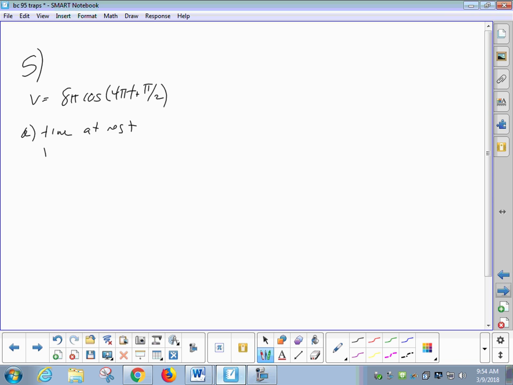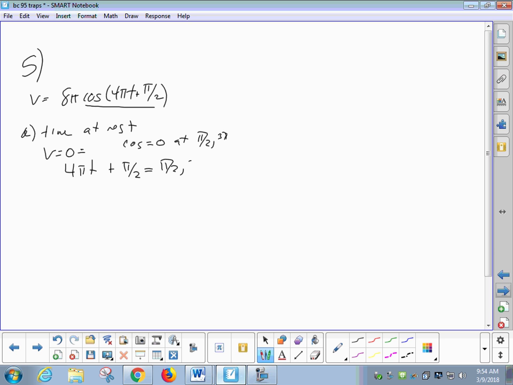Wouldn't you agree that that means velocity is 0? Which would happen when 4 pi t plus pi over 2 equals, what kind of situations does cosine come out 0? At what angles is cosine 0? Pi over 2, 3 pi over 2, and so on.